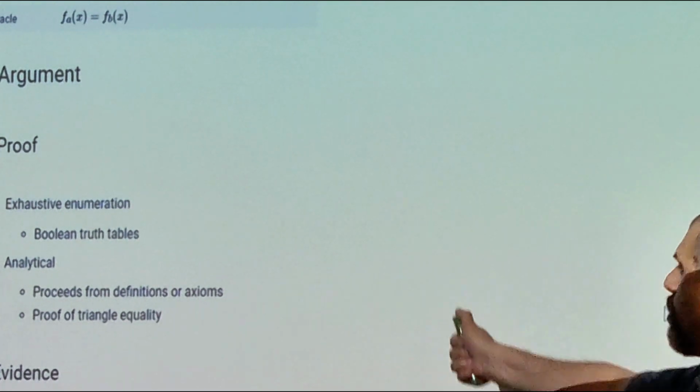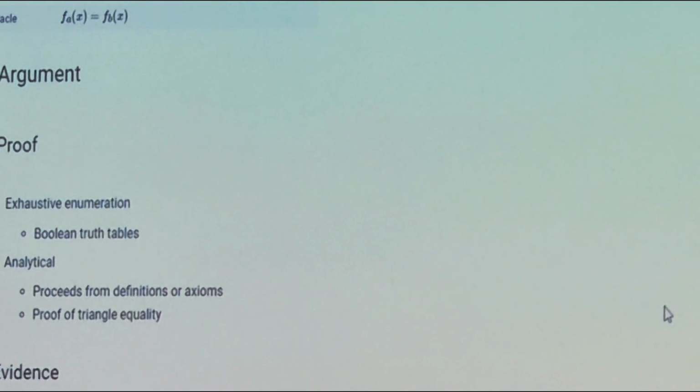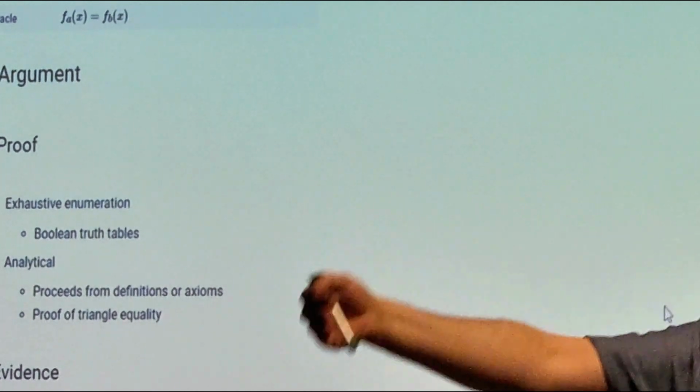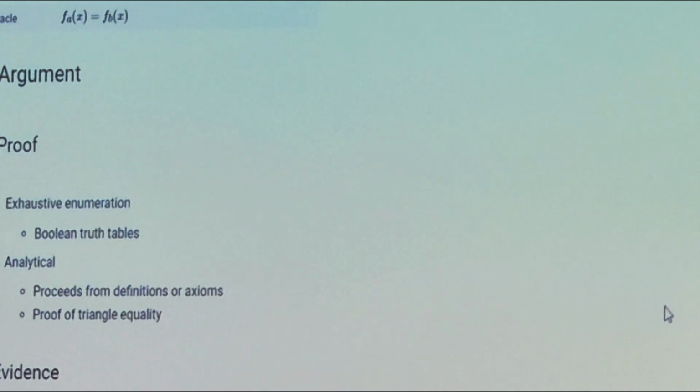And then you have the more analytical arguments, which is what we all know and love or hate from math, right? These are the ones where you start from definitions or axioms and you start drawing implications, right? For example, a triangle can have no more than one 90-degree angle, because a triangle's angles have to add up to 180. You show how this absolutely has to hold because of the definitions.